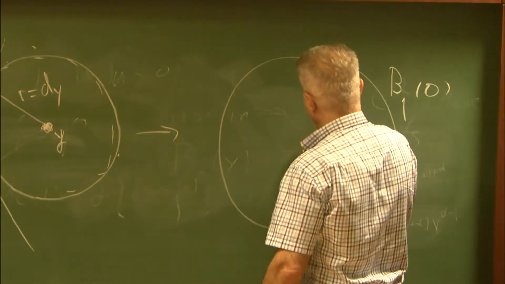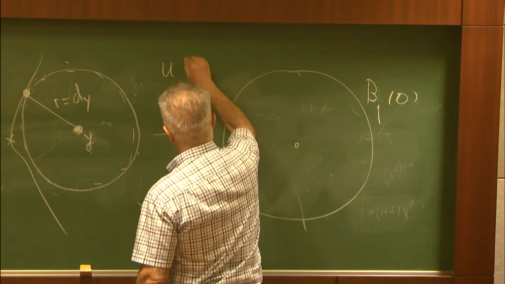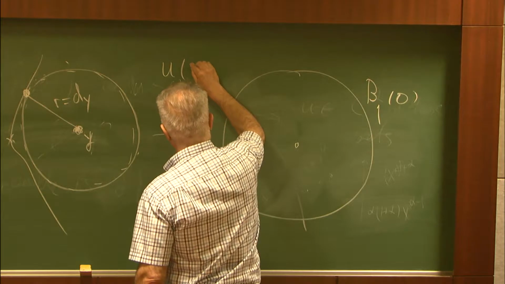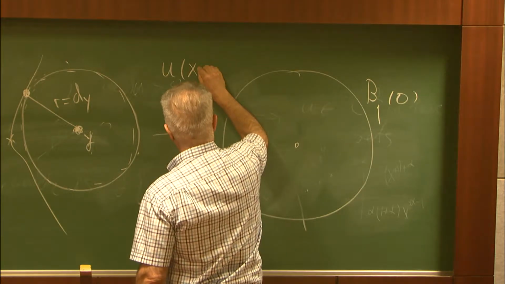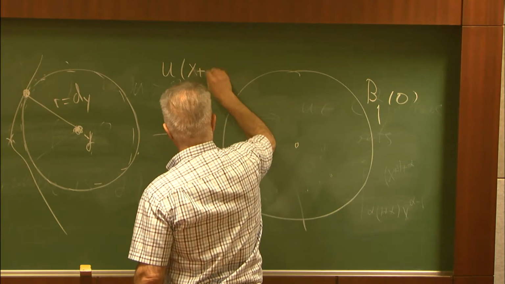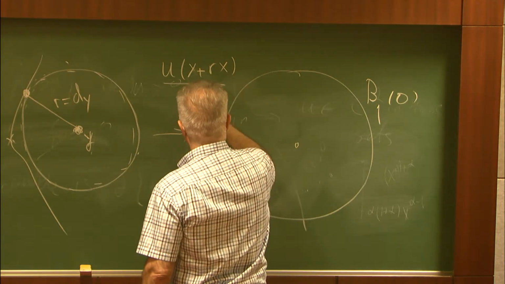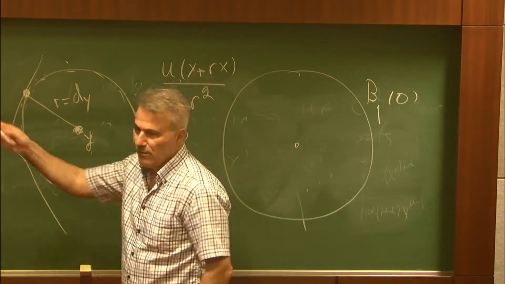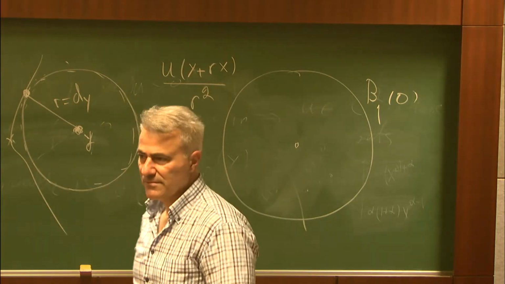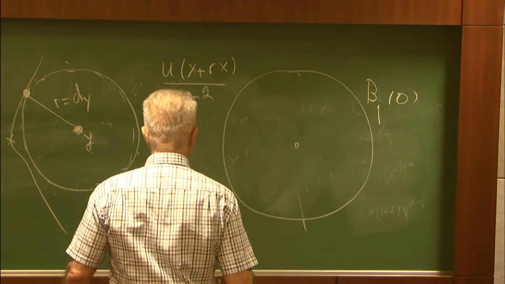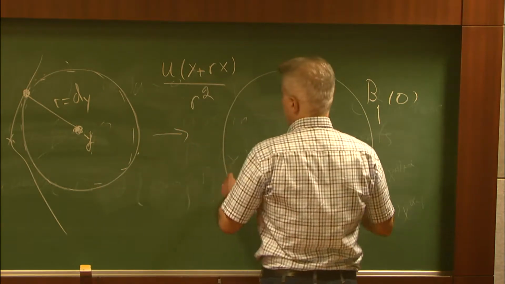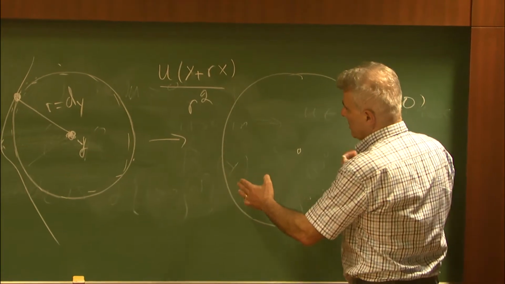And then our new function, right, which is u at the point x, at the point y, plus r at the point x, and then divided by r to the power 2. R and dy are the same thing. Now you see that now this is equal to 1.